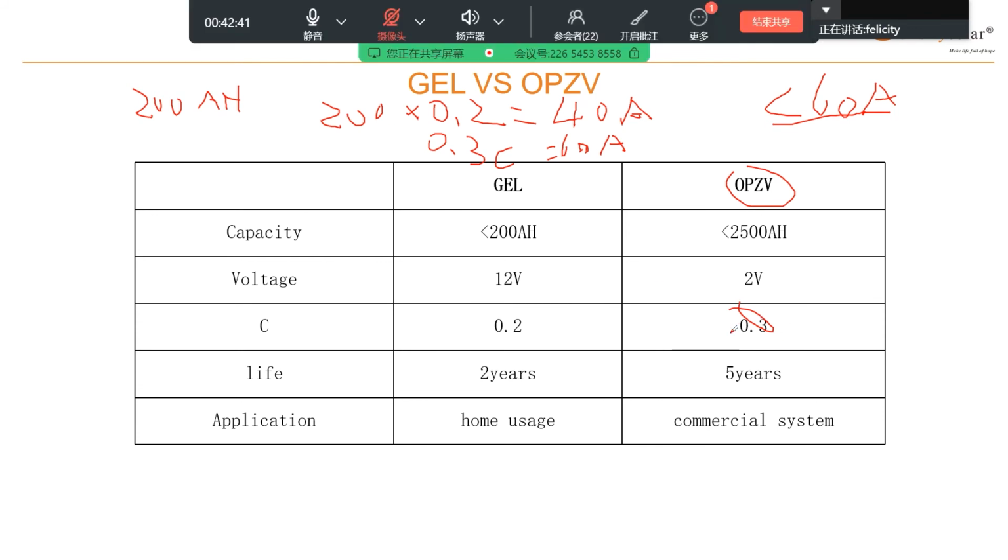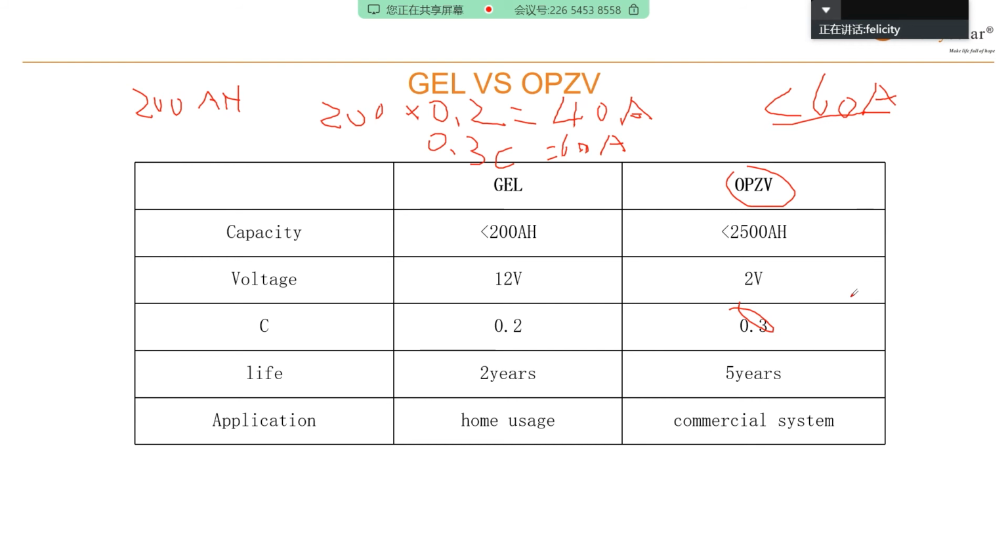This battery can normally use 0.3 C. For example, if the battery is 1000 amps, the common current you can use is 300 amps. Of course you can use a little higher, like 0.4 is fine, but we recommend less than 0.3.